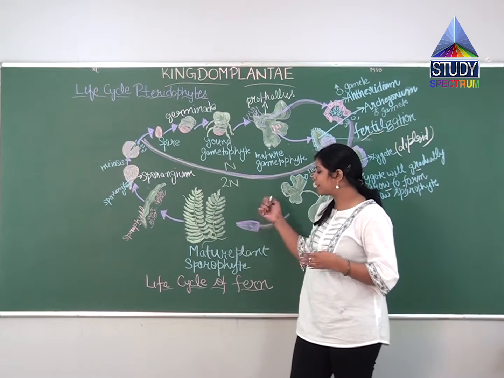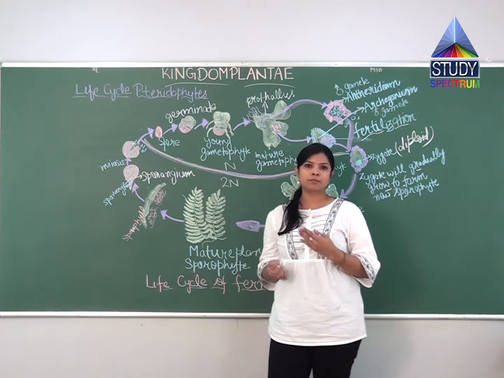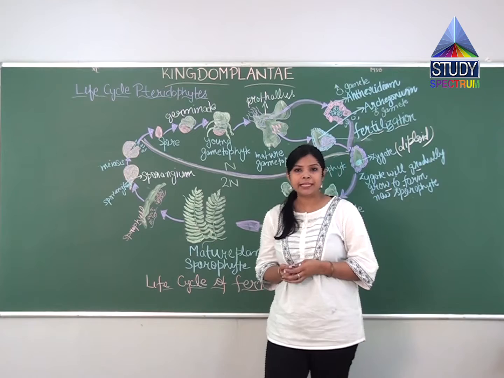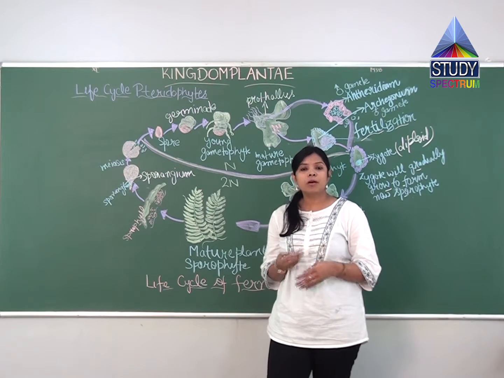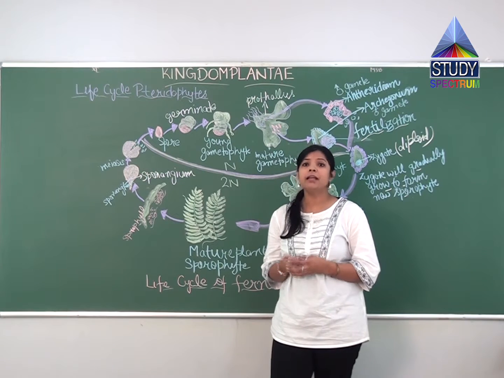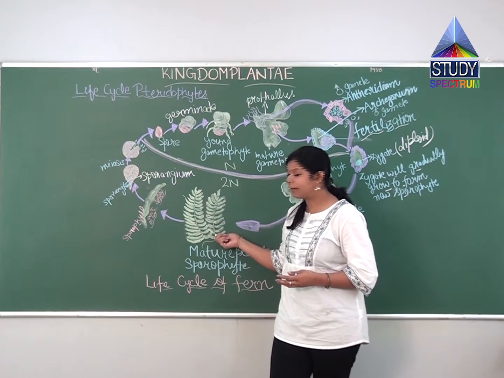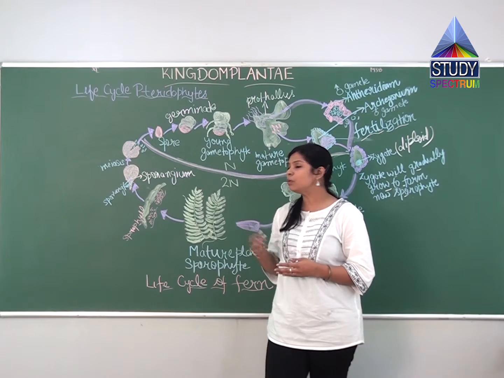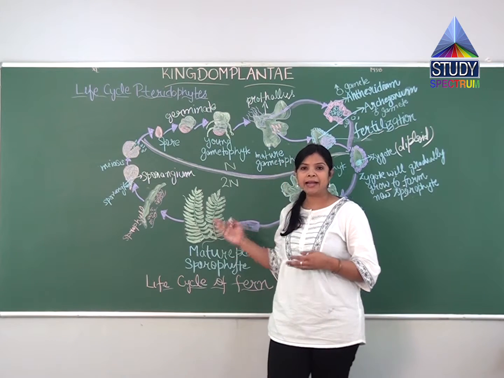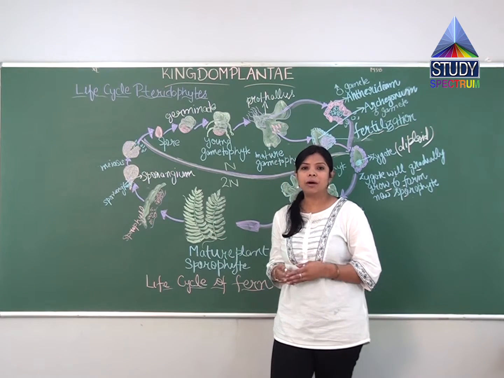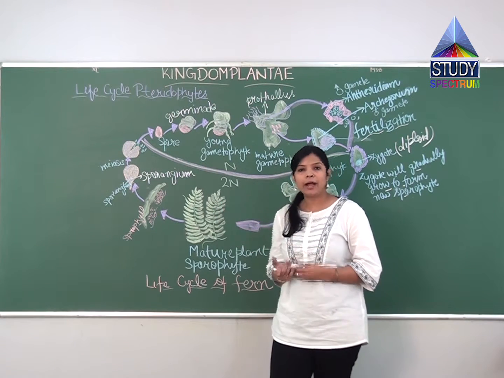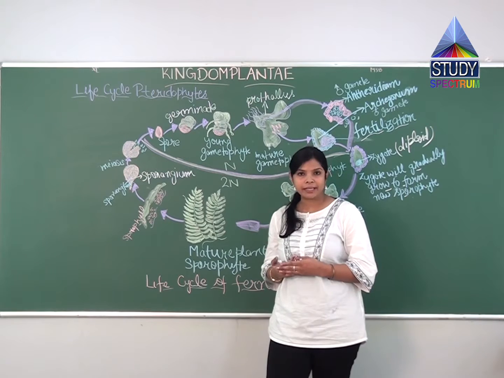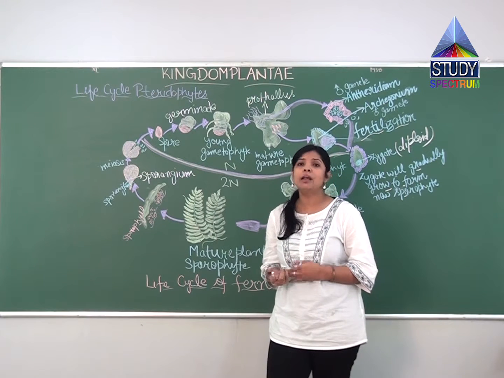What we can say here is that the sporophyte is a multicellular stage and it is well differentiated. What is the meaning of well differentiated? It means the body is differentiated into stem, leaves and roots. Other than this, it is a long-lived plant. So why do we say that the mature sporophyte is the pteridophyte plant body?